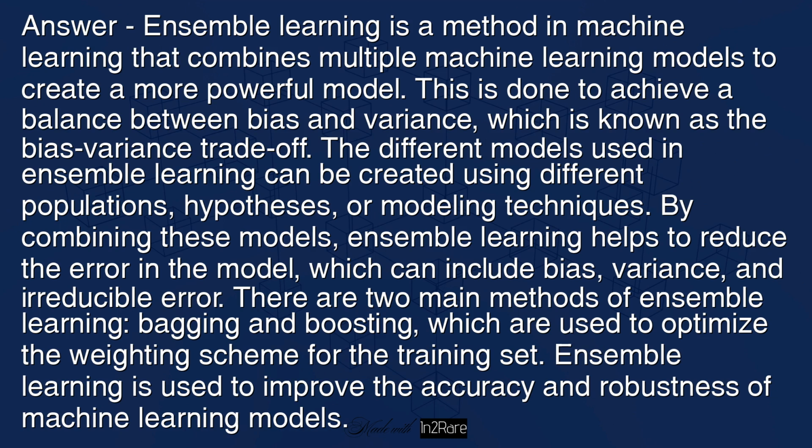By combining these models, ensemble learning helps to reduce the error in the model, which can include bias, variance, and irreducible error. There are two main methods of ensemble learning: bagging and boosting, which are used to optimize the weighting scheme for the training set. Ensemble learning is used to improve the accuracy and robustness of machine learning models.